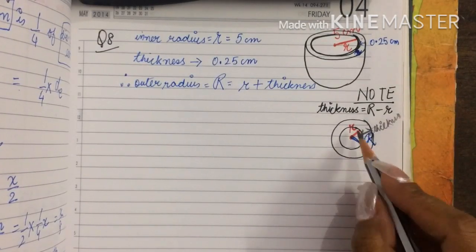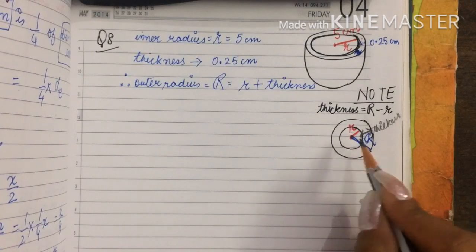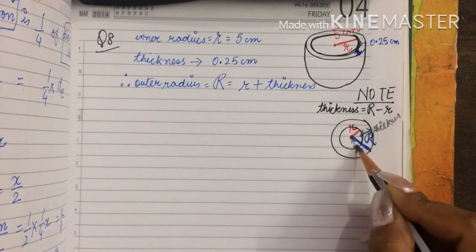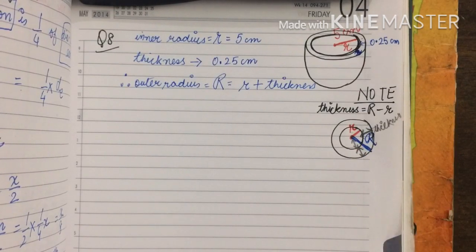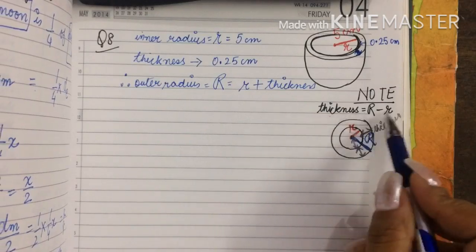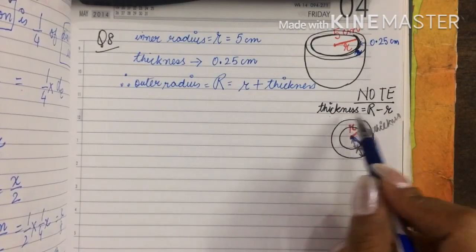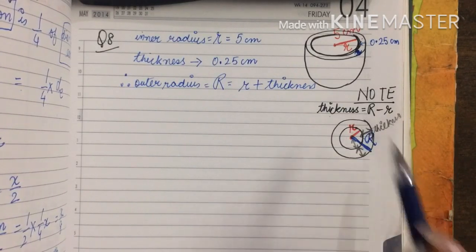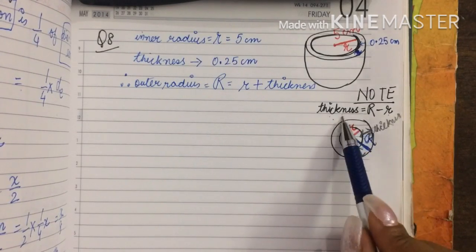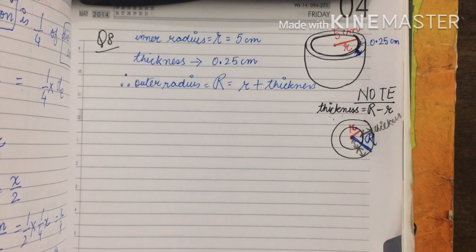So the difference between these two will tell you what is the thickness. You can always use this relation if any of the values is missing. Using the radii, you can find out the thickness. Using one radius and thickness, you can find out the other radius.